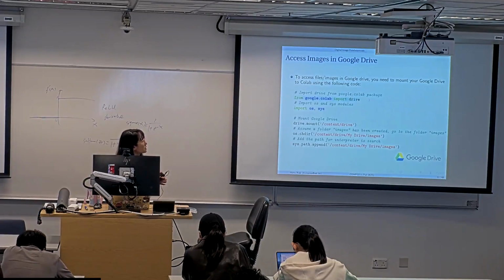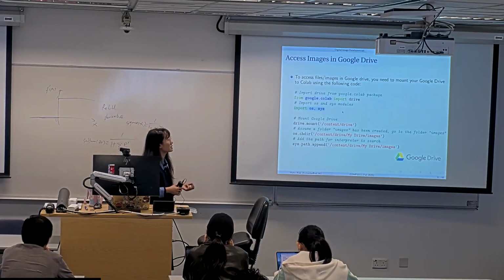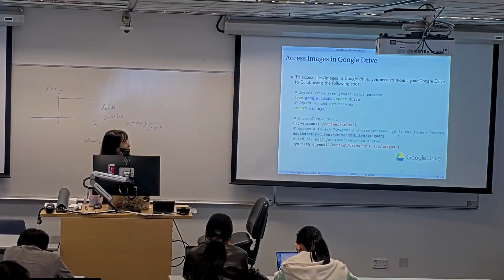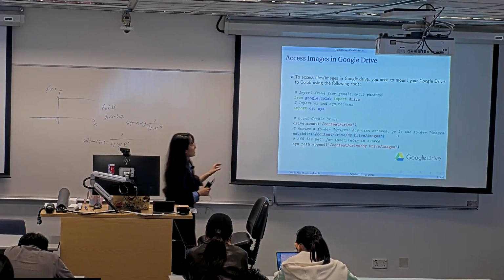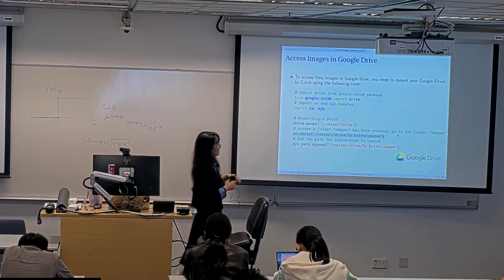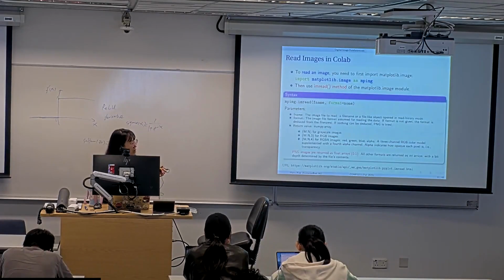First, from google.colab import drive, and then we also need to import the OS and sys modules, then we mount the Google Drive and go into this folder. Suppose there is an images folder already created in our Google Drive, and then we add this path for the interpreter to search. After we mount our Google Drive folder, we can try to access and read some images.